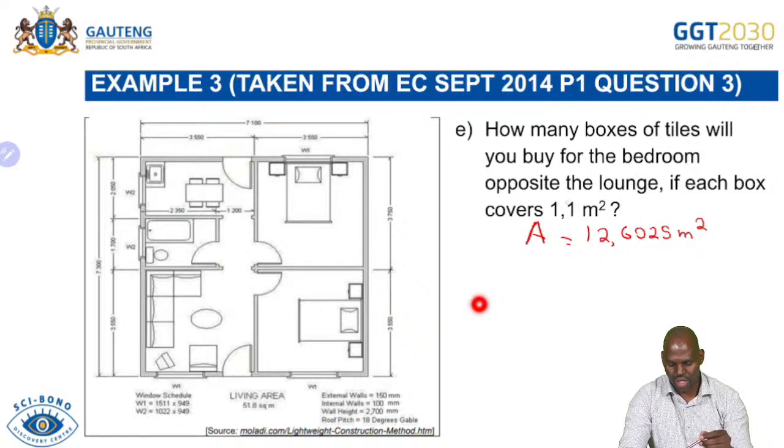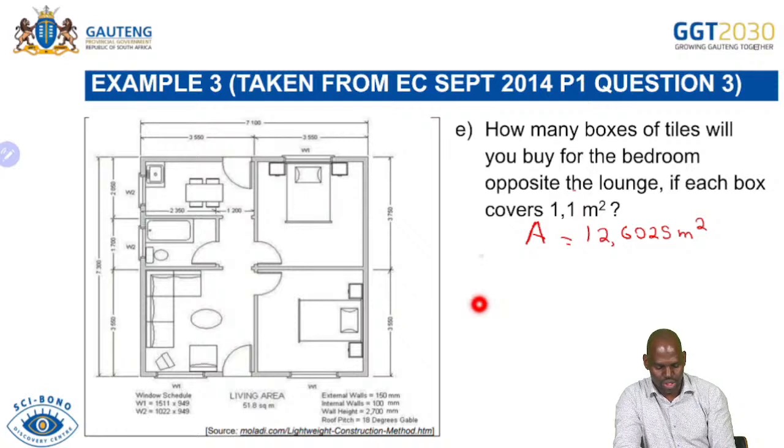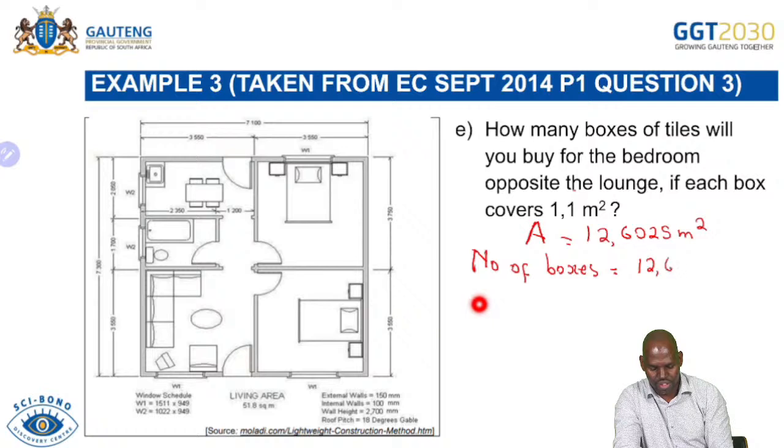So in this case, we want to know the number of 1.1 square meters in 12.6025. So for this, we say number of boxes is 12.6025 divided by 1.1.